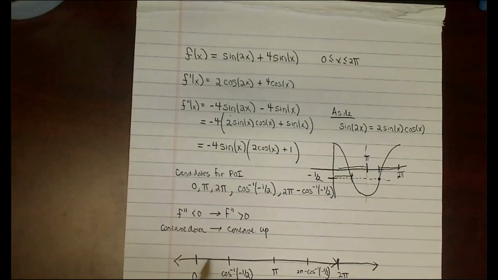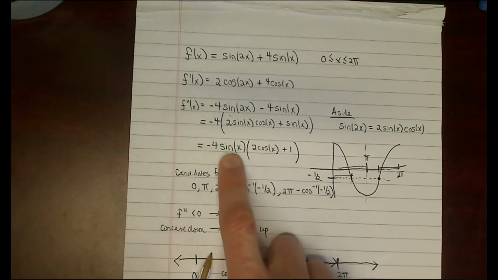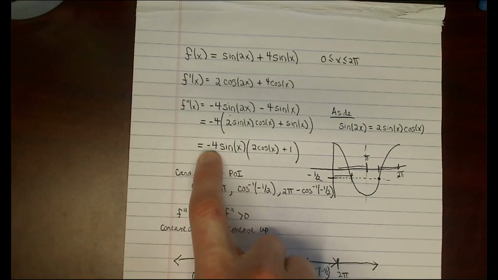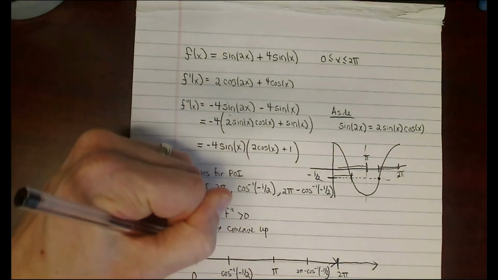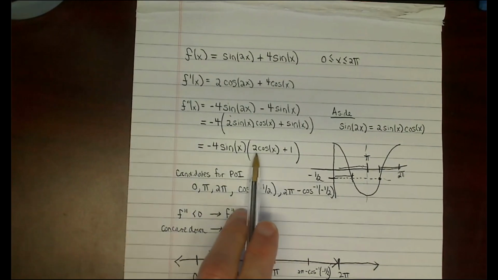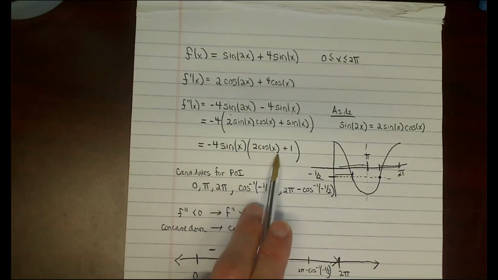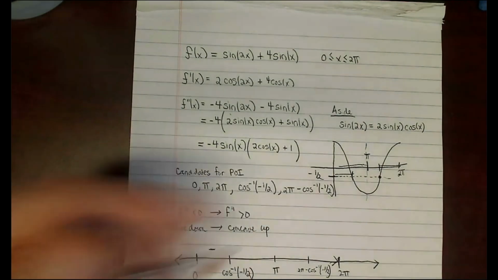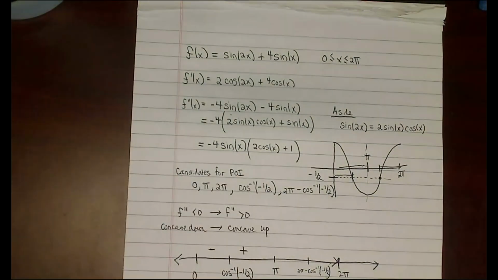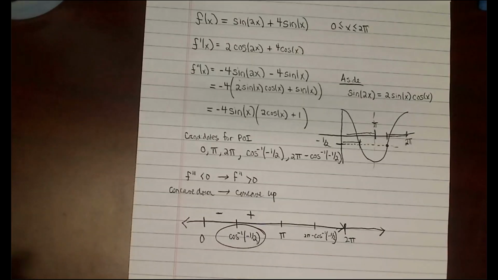Okay, so in this first interval, 2 cosine x plus 1 is positive and sine is positive, so overall f double prime is negative, concave down. I'm hoping that it changes signs here. As cosine of x reaches minus 1/2, this factor is going to be 0, and then it becomes negative. So this flips to negative, but sine is still positive. So it flips signs, and we end up getting the inverse cosine of minus 1/2 as the smallest candidate.